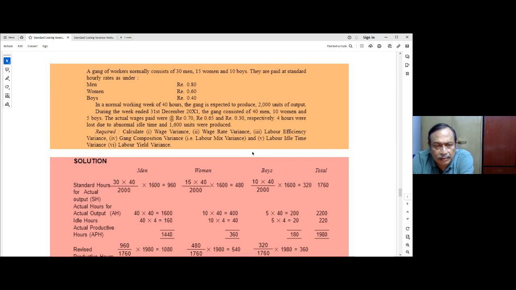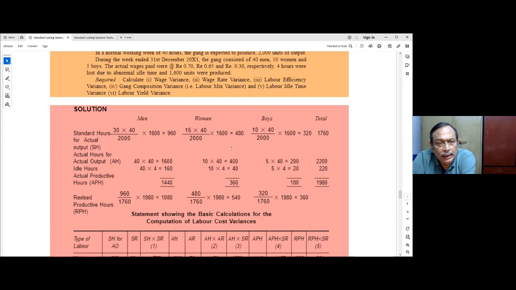So total comes to 1760. Next, actual hours for actual output, that is AH. Men is 40 into 40, that is 1600. Women 10 into 40, that is 400. Boys 5 into 40, that is 200. So total comes to 2200.